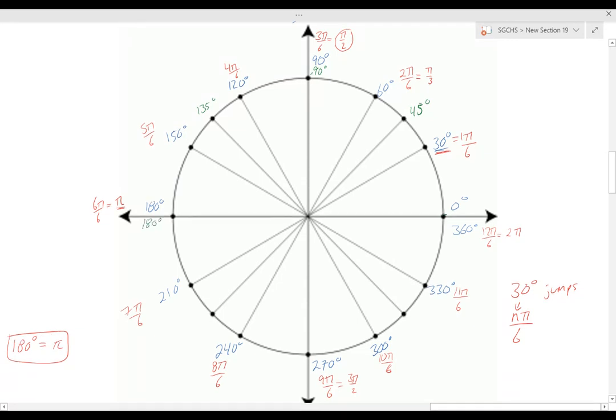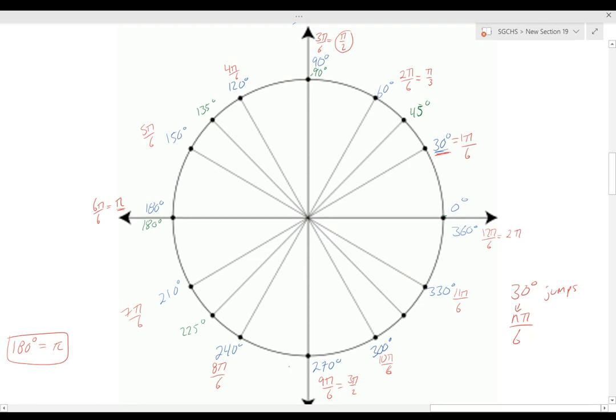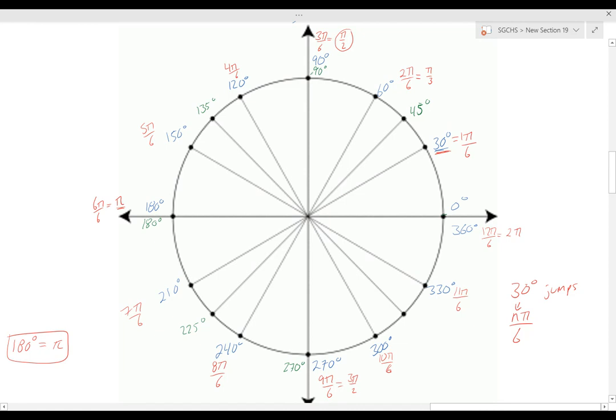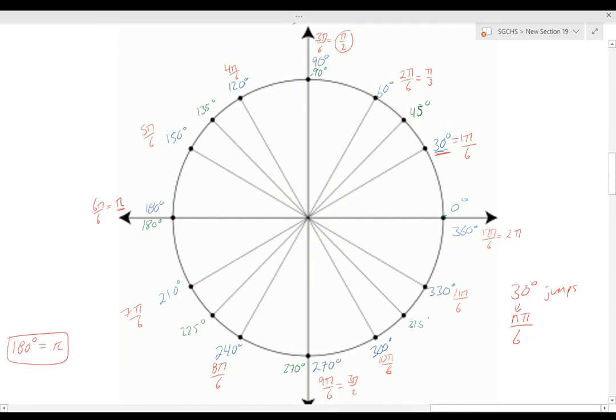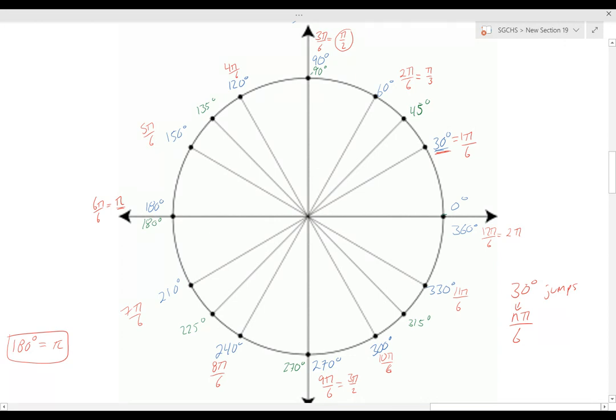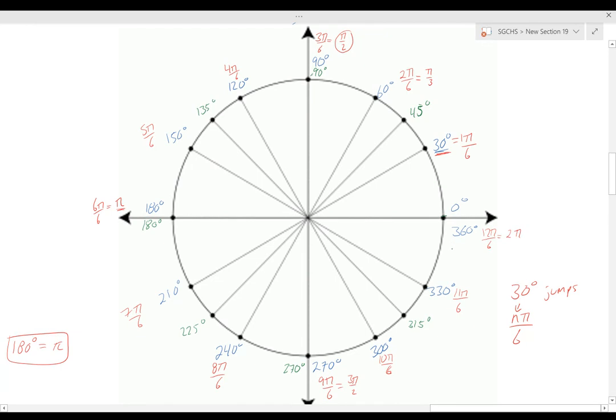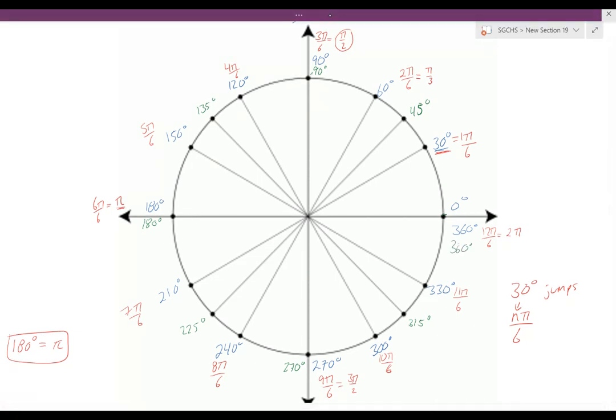So you can see the quadrantal angles are related both to 45 and 90 degrees. 180 degrees plus 45 degrees gives us 225 degrees. 225 plus 45 gives us 270 degrees. 270 degrees plus 45 gives us 315 degrees. And then 315 degrees plus 45 gives us 360 degrees as well.